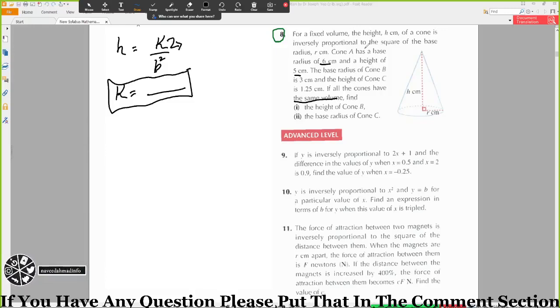Since the volume is fixed, you can use V instead of K, but normally we use K for the constant of proportionality. You can use either letter, it is your choice, but you should write it like this: K in brackets, K is equal to the constant of proportionality.